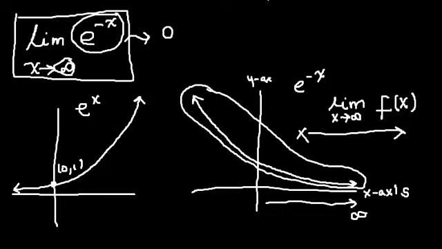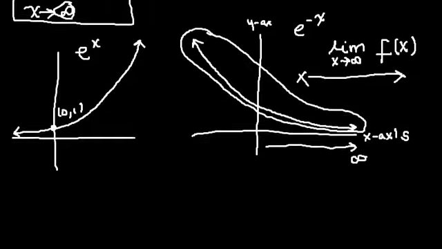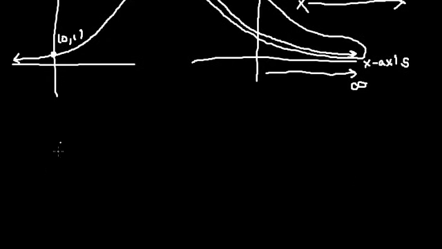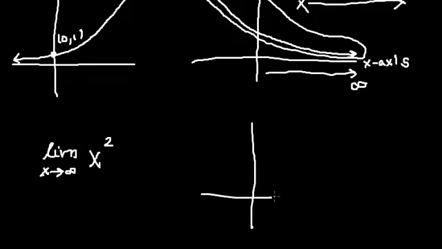Alright. How about if the function was x squared? So let's try it out. Well, if we observe it, we see that x squared looks like this on the positive side.